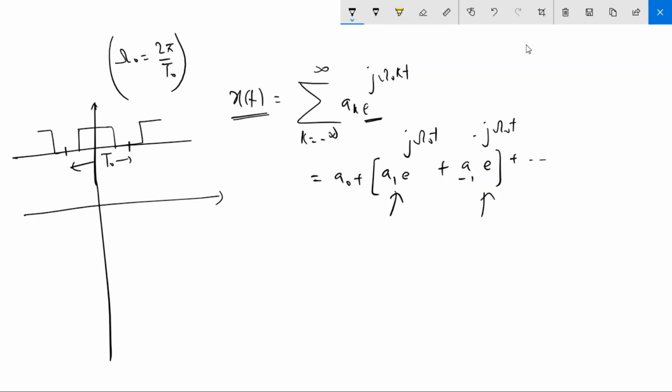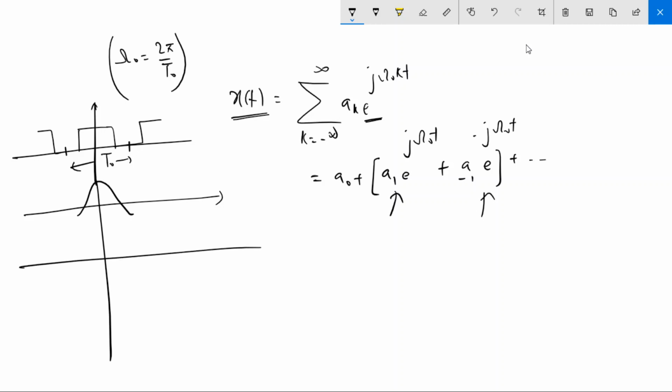How is it basically done? Suppose you have only the first frequency, omega naught, the first harmonic. The frequency of the first harmonic will be the same as the fundamental frequency of this signal. So you may get a cosine function like this, suppose. I will just take a notation like this. This is the first harmonic.